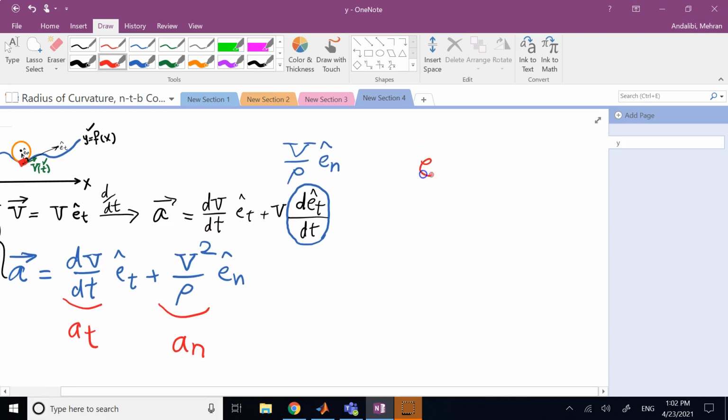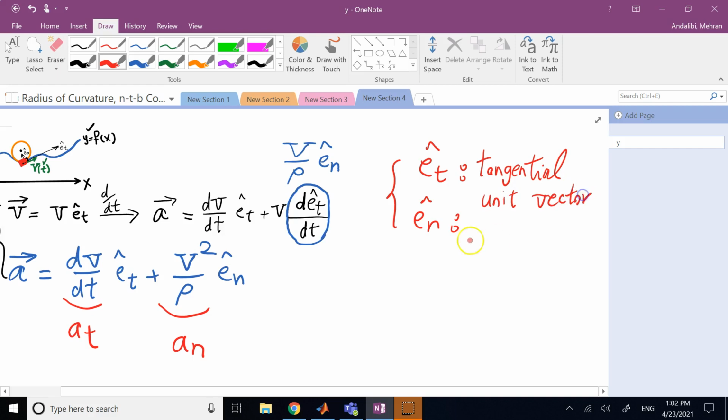So again here, ET and EN are the unit vectors that you have. This is called the tangential unit vector, and this is called the normal unit vector.